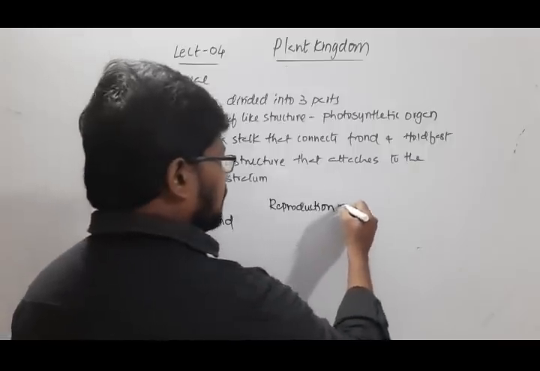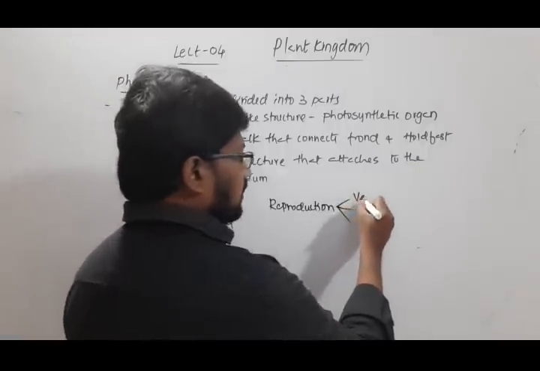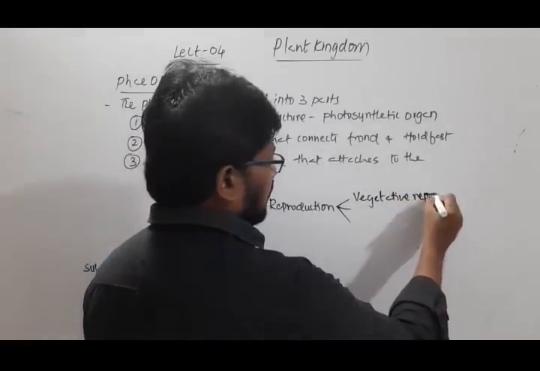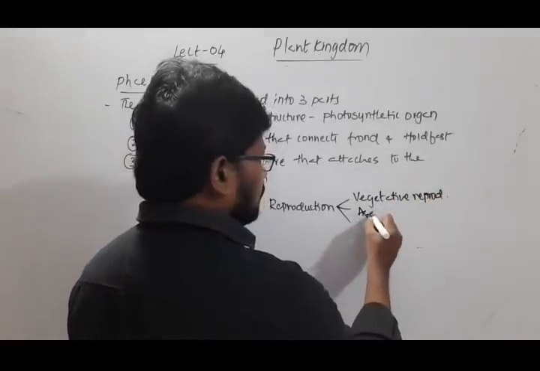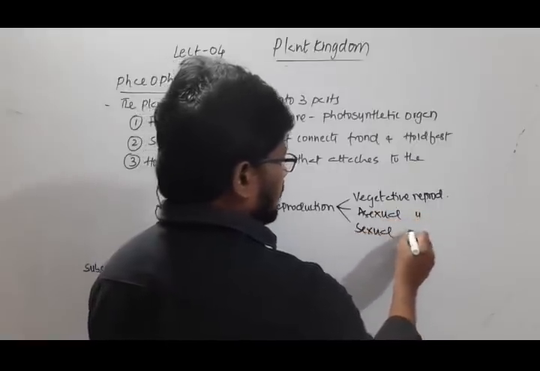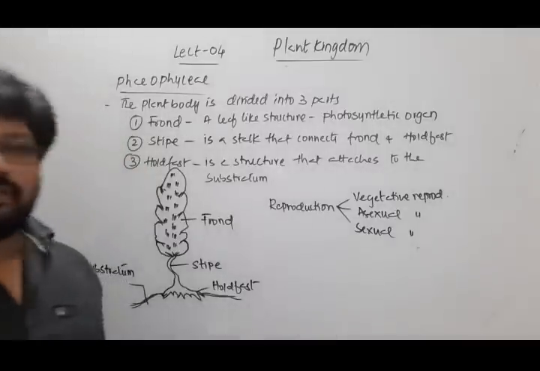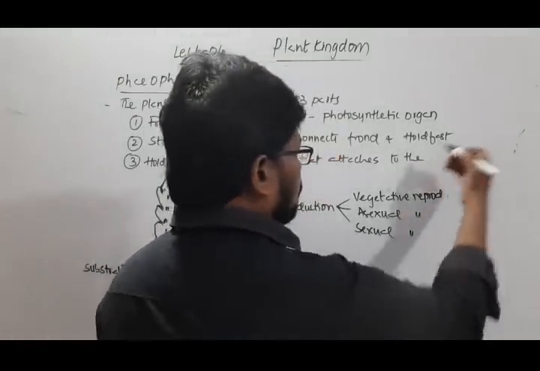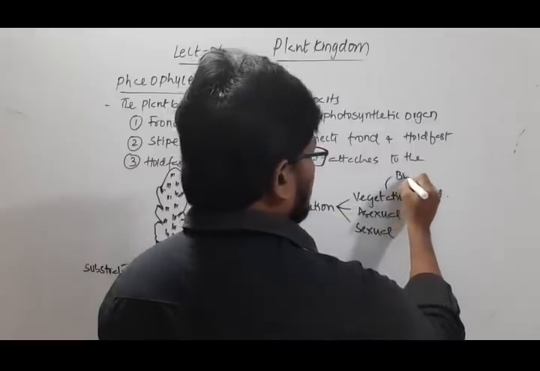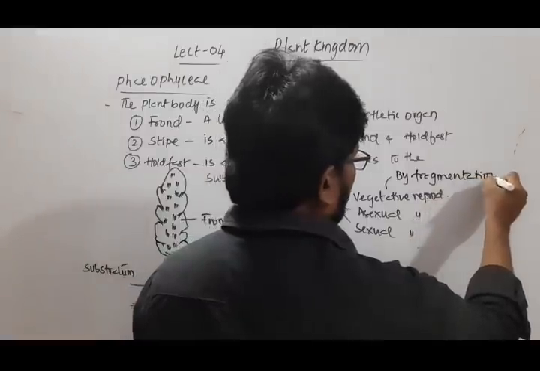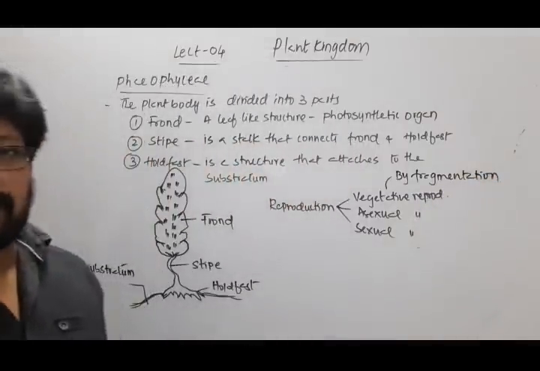So here the reproduction takes place by all three methods. One is vegetative reproduction, then asexual reproduction, and also the sexual mode of reproduction. Coming to the vegetative mode of reproduction, this is by fragmentation.